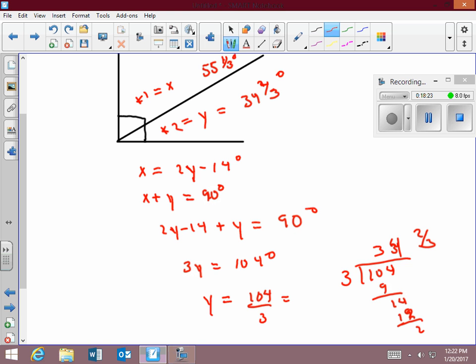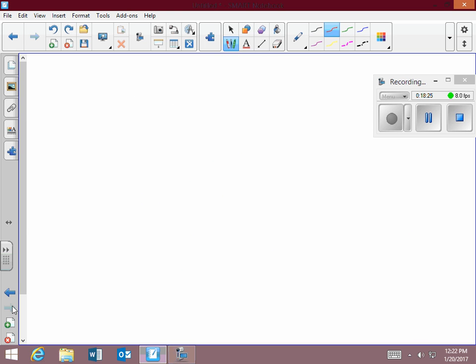Okay. 20. The measure of angle X is 9 degrees more than twice the measure of Y. X and Y are supplementary angles.